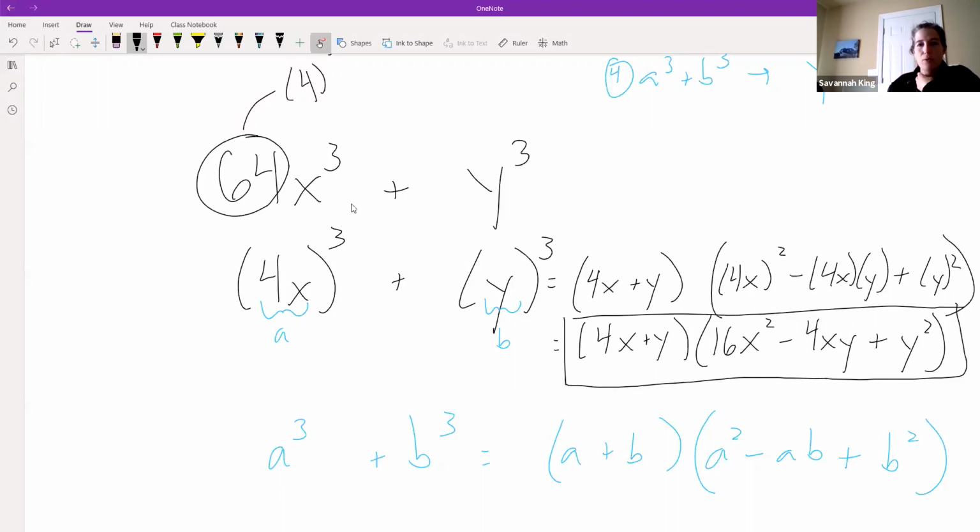It's not just saying, well, X is A and Y is B. No, you have to break apart the 64. So this is, to me, as hard as it gets on a test about factoring. So maybe that's good news, maybe that's bad news. I just feel like students tend to experience more success with the stuff we were doing earlier.